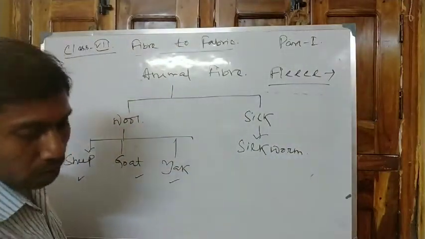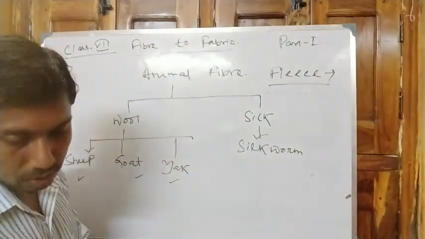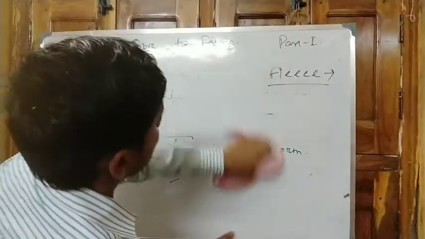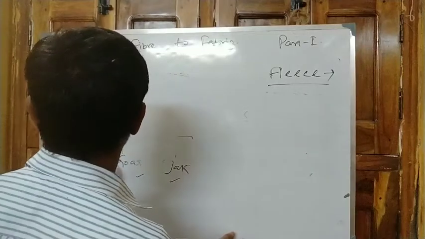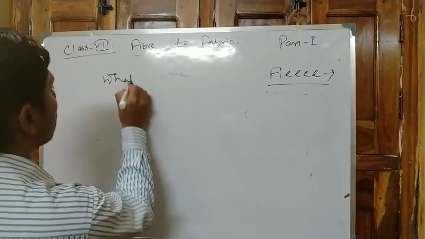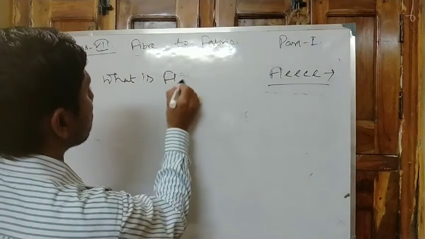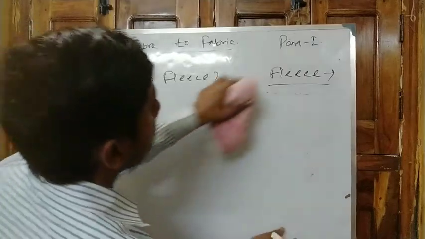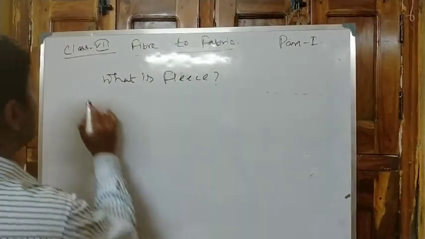And next one, what is selective breeding? So one question, what is fleece? It is the thick layer of fur.